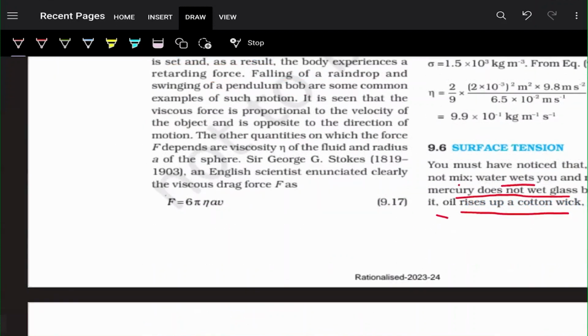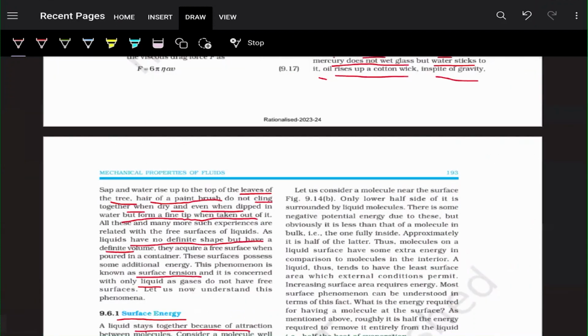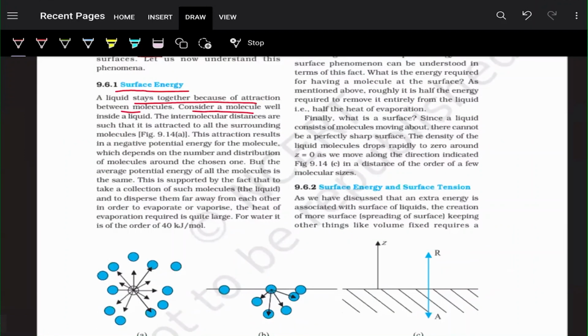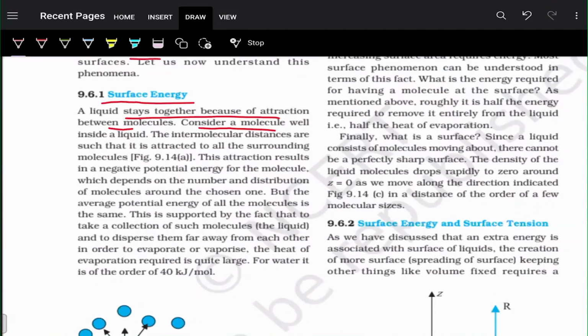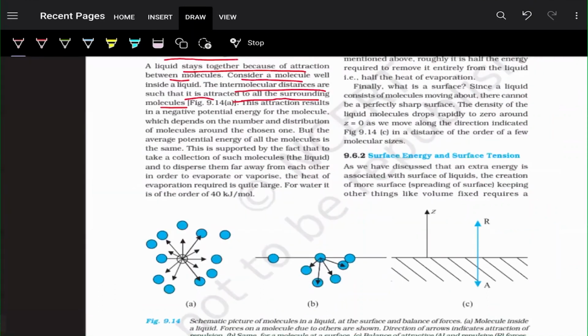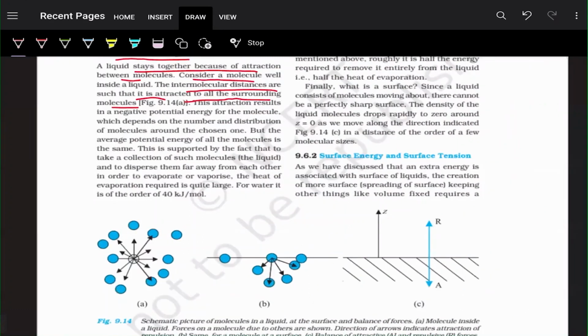The intermolecular distances are such that it is attracted to all the surrounding molecules. Look at this figure 9.14. A molecule inside a liquid, with intermolecular distances such that it is attracted to all the surrounding molecules.